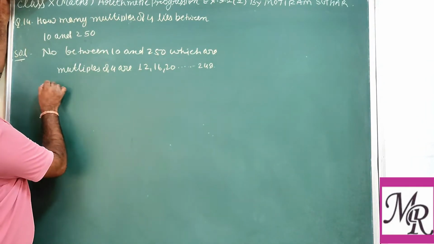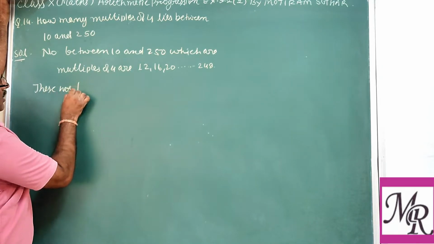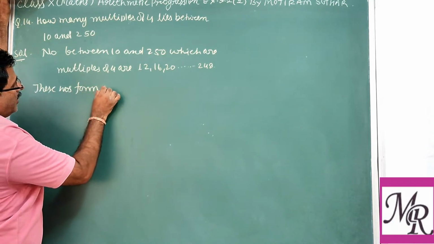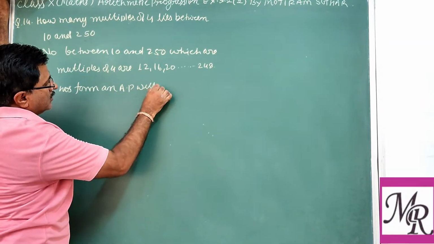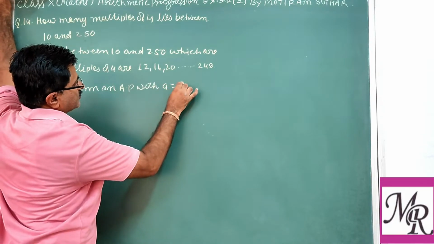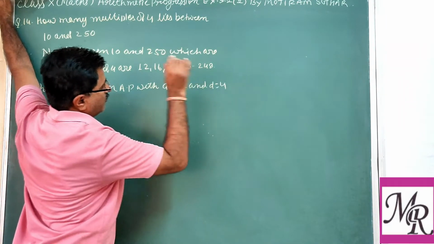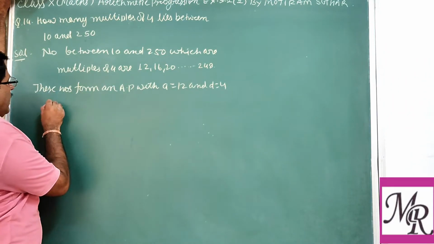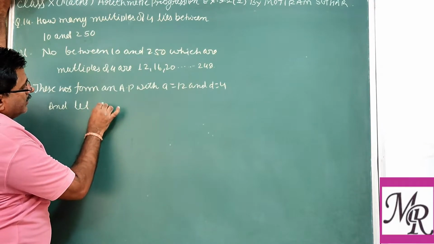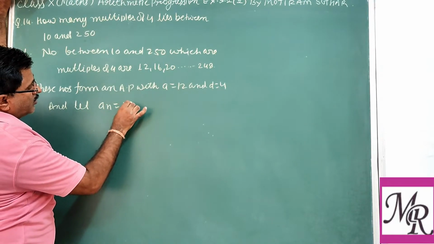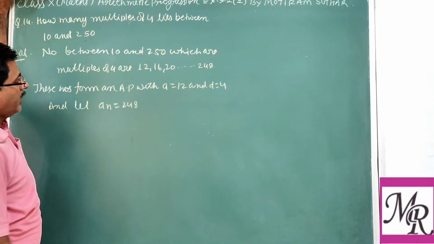So you can say these numbers form an AP with first term 12 and common difference 4. And let an equal 248, the last term, that is the nth term. We have to find the value of n.